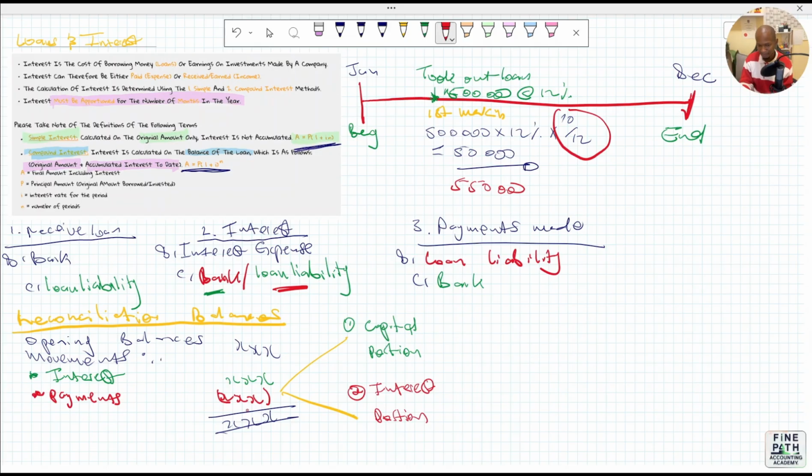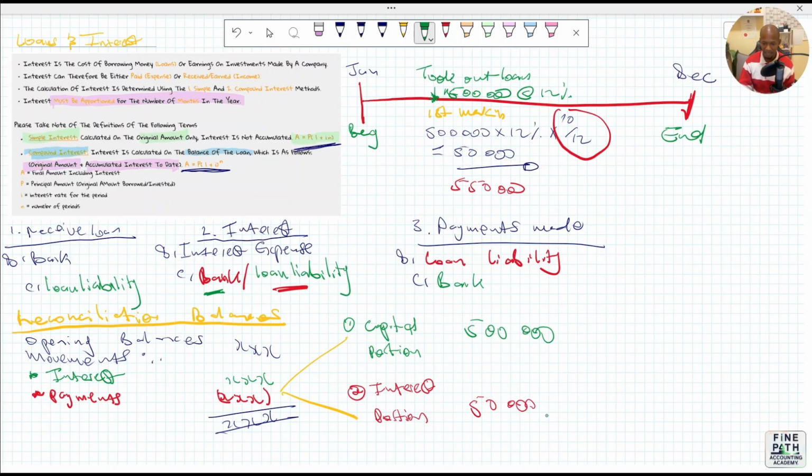If it includes that, it means that a part of it belongs to the capital portion, and part of it, the 50,000, is for the interest here, and then here we would have the 500,000, not 550. Sorry, let me fix that. So it will be 500,000 for the capital portion.